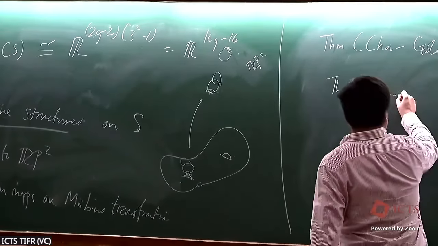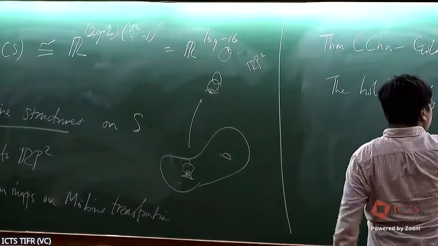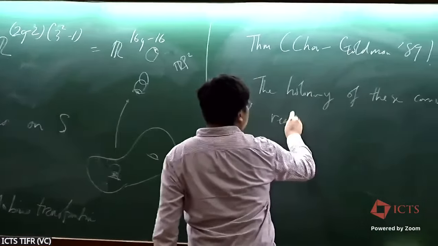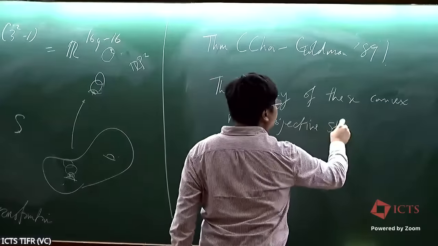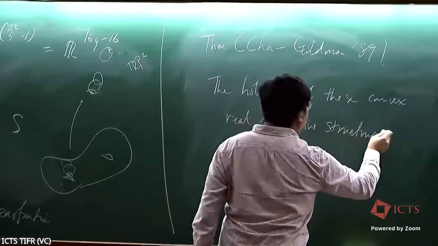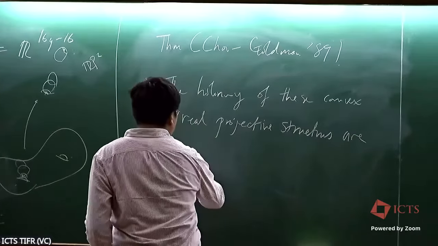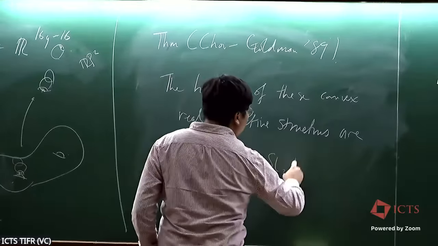So the holonomy of these convex real projective structures are precisely the SL3R Hitchin representations.